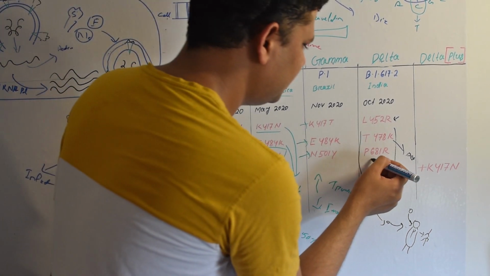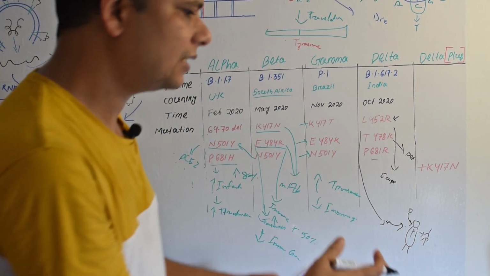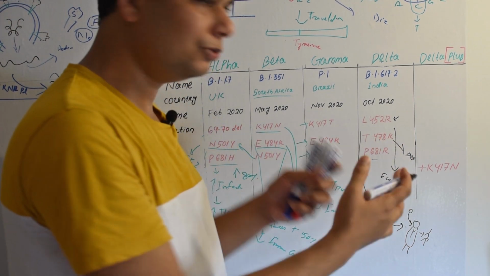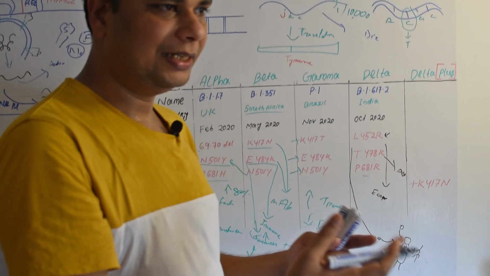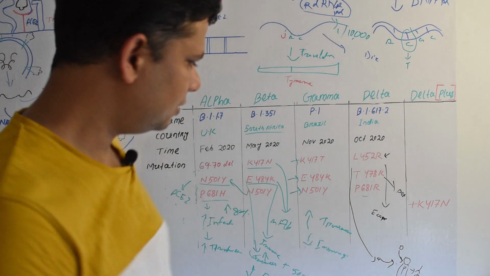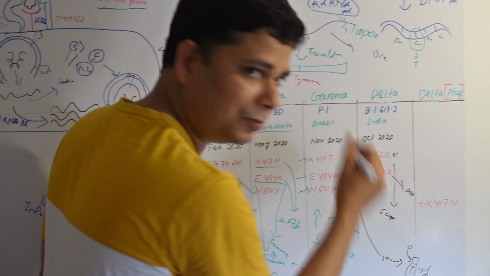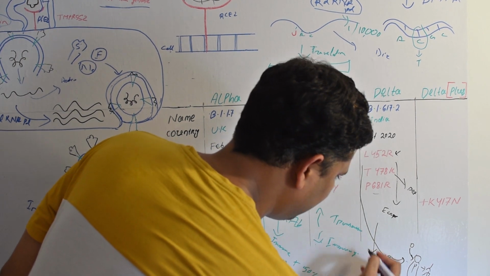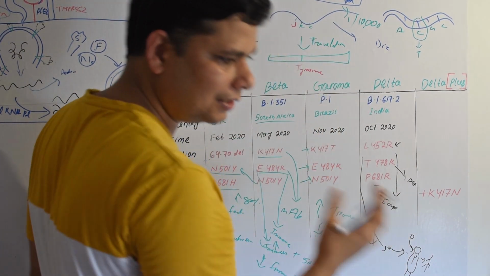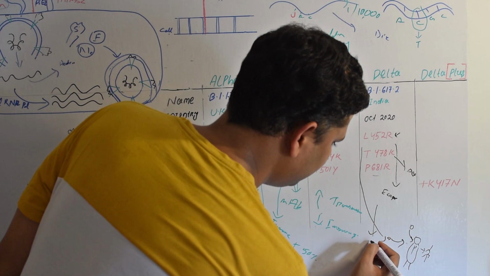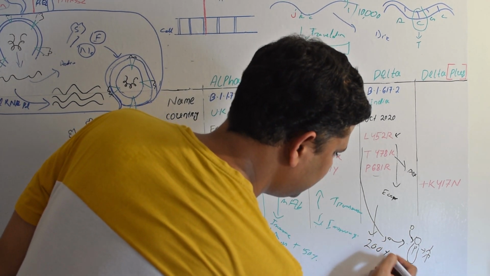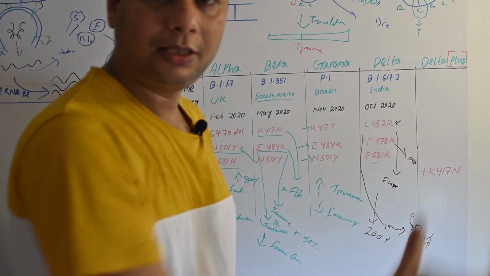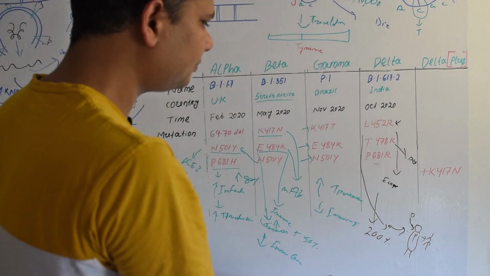Because of this mutation, there will be efficient furin cleavage, and it will fuse to the cell easily and enter the cell easily. So because of these mutations, this coronavirus variant has the highest transmission efficiency, which is around 200% more transmission rate than the previous variants.